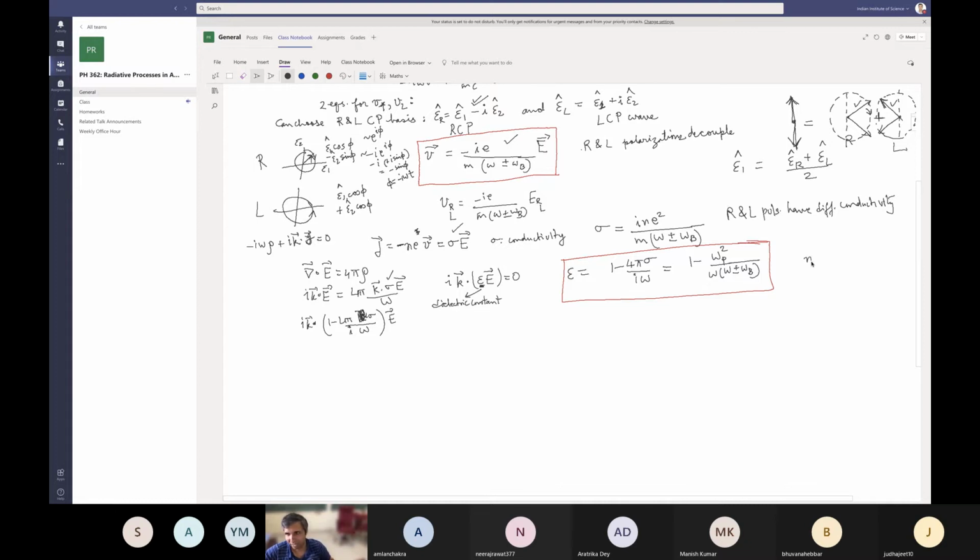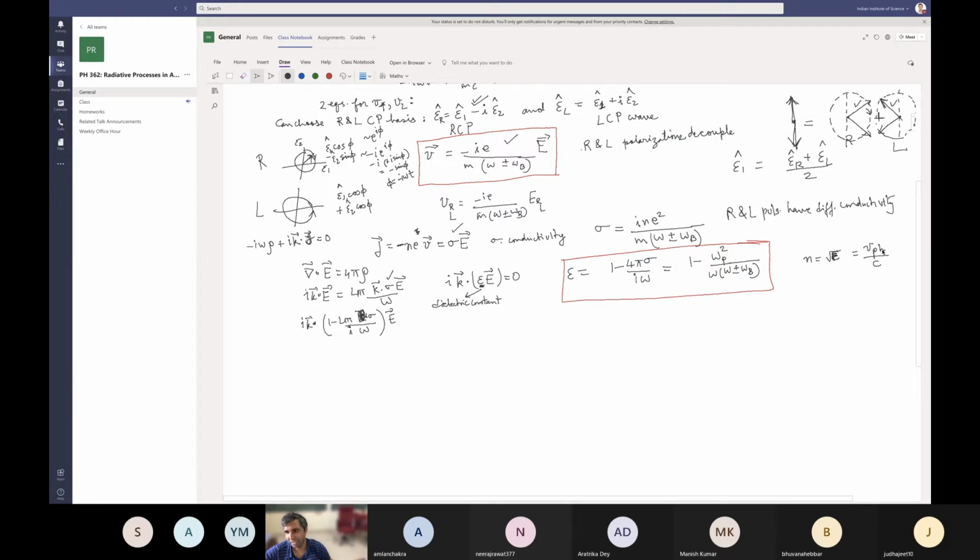And recall, we have refractive index equal to the square root of epsilon. So refractive index is nothing but V phase in a medium divided by C. So you see again, epsilon looks like it can be less than 1.